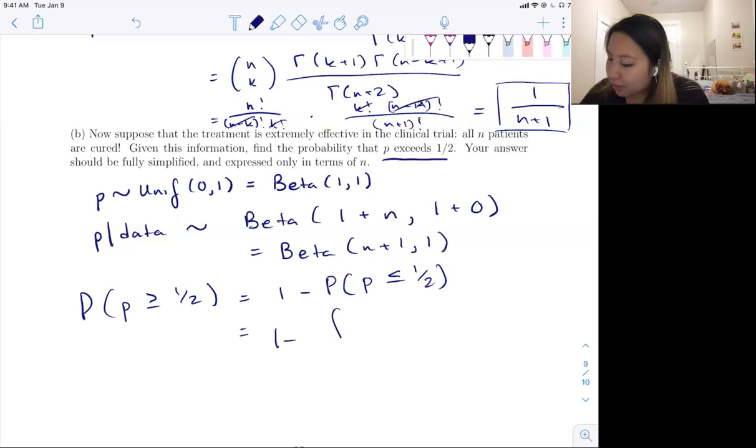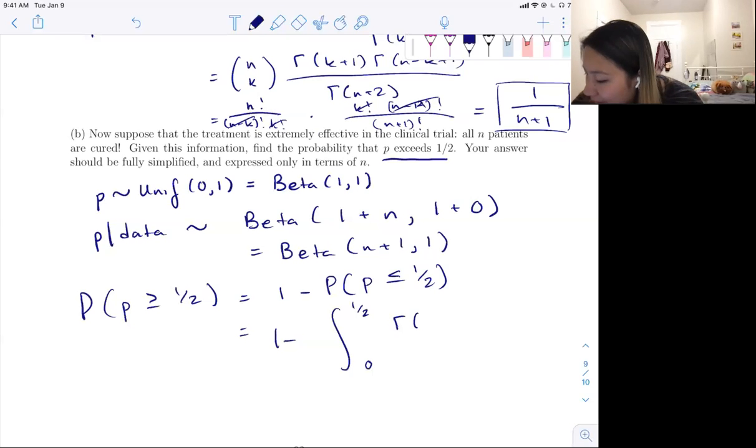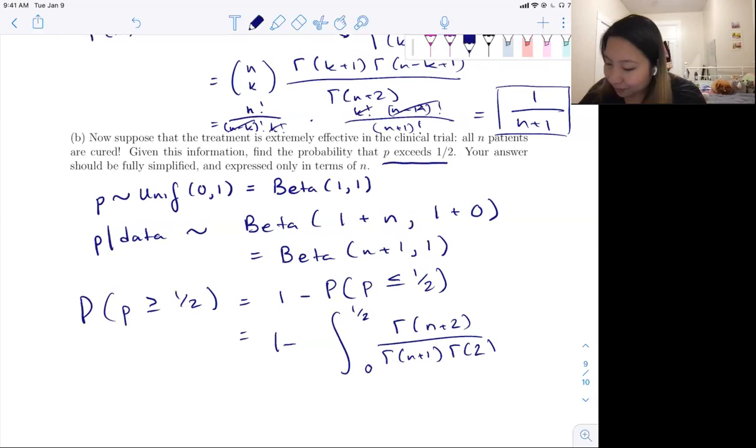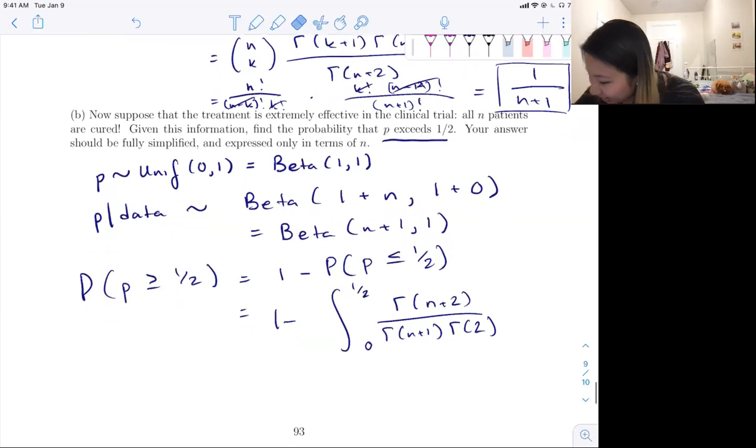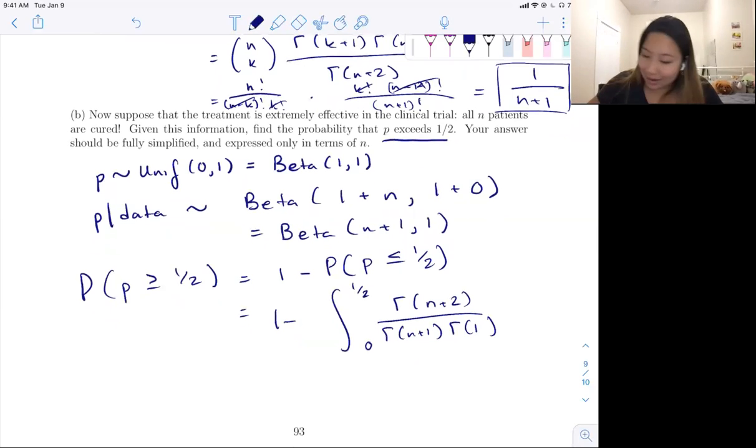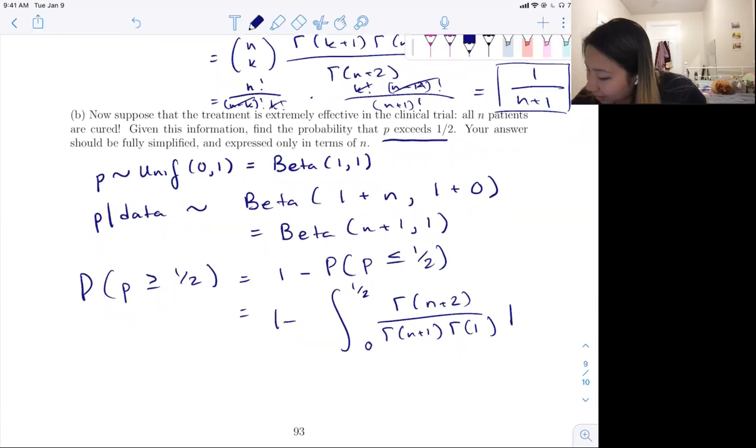So 1 minus the integral from 0 to 1/2 of the beta, which is gamma of a plus b, so n plus 2, over gamma n plus 1 times gamma 1, times p to the n plus 1 minus 1, so p to the n, dp.